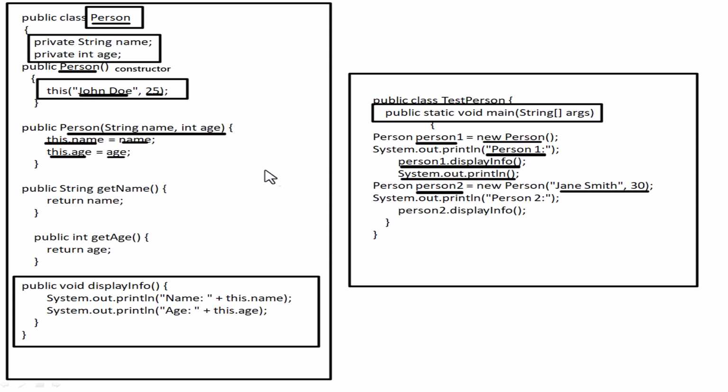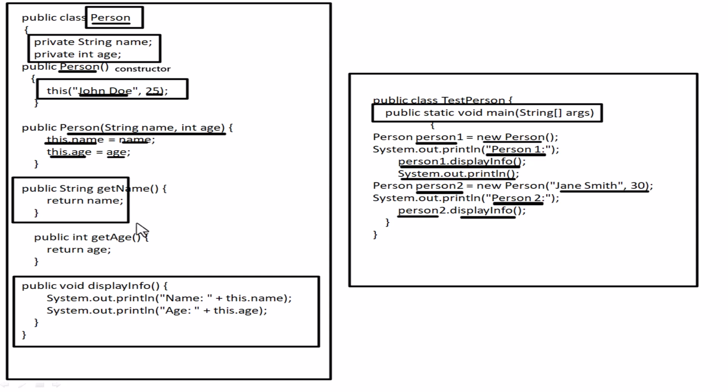Now what you are doing? You are going to call the person2 details. Person2 is an object, displayInfo. Again this method is going to display the information. This displayInfo has name and age. So how is it going to set them?